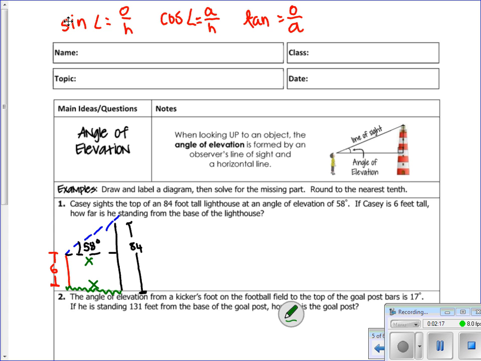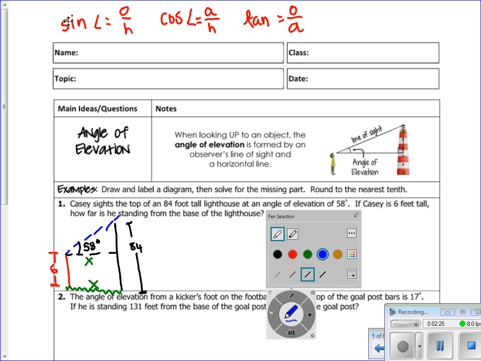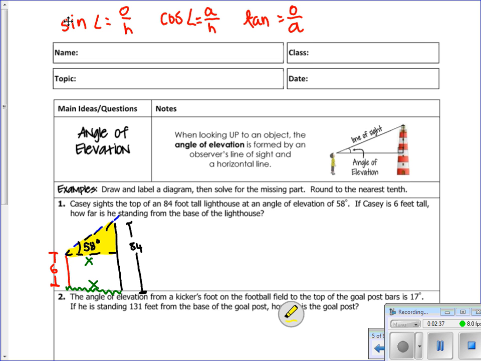But how am I going to find out what x is? Let me show you. It's on this triangle. I don't have x, I don't have the side that's opposite, and I don't have the hypotenuse. But guess what? You could get the side that's opposite.